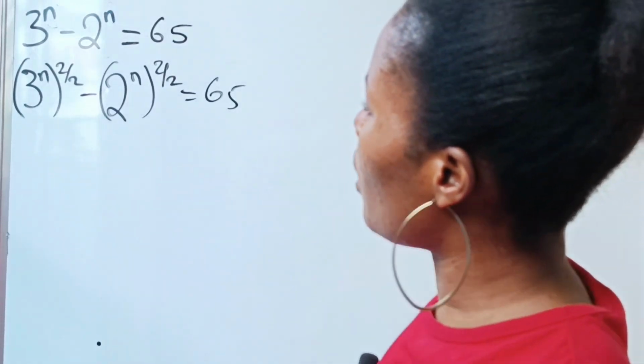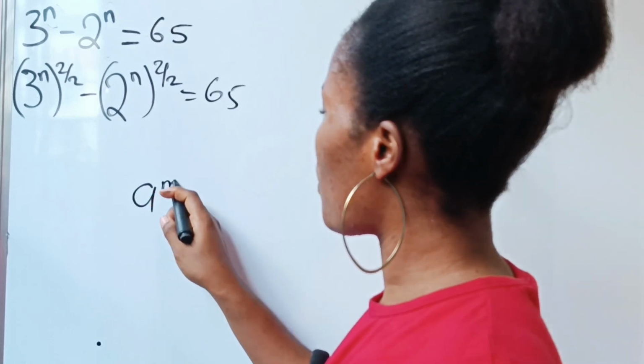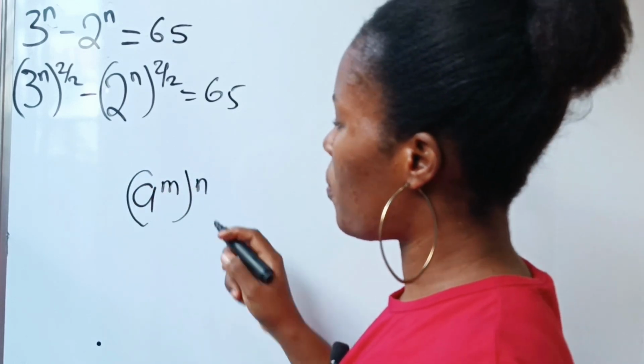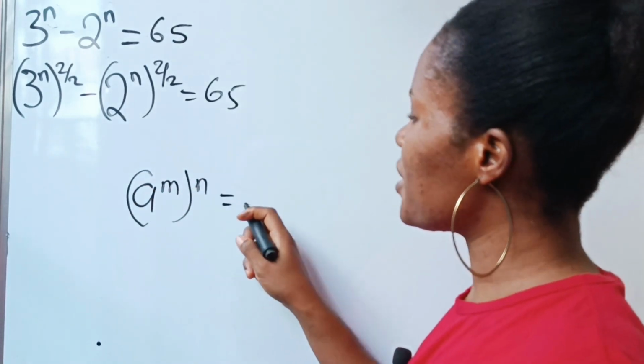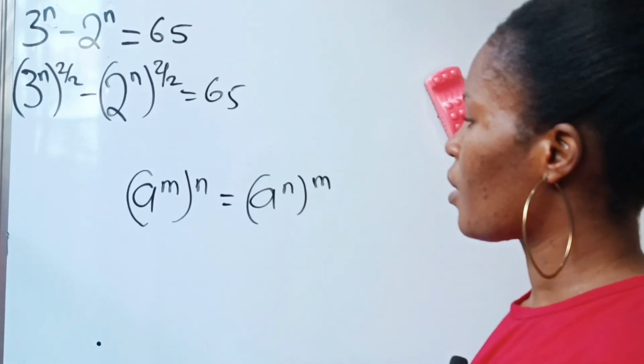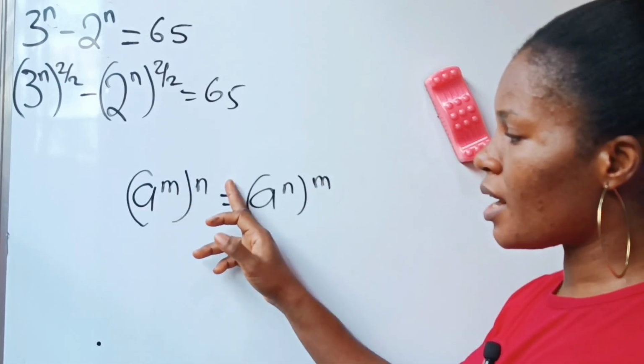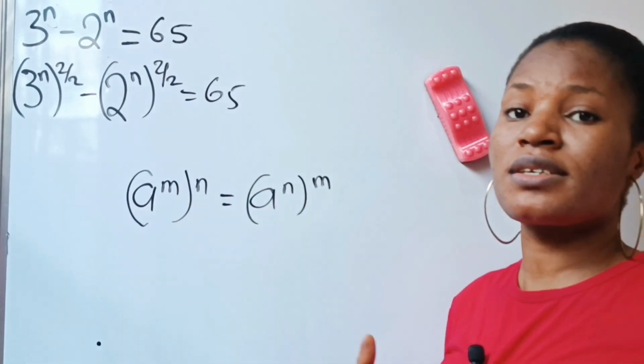Now, I want us to note that a raised to the power of m, raised to the power of n, can be written as a to the power of n, raised to the power of m, because this is equal to a to the power of m times n, and a to the power of n times m, which is the same thing.